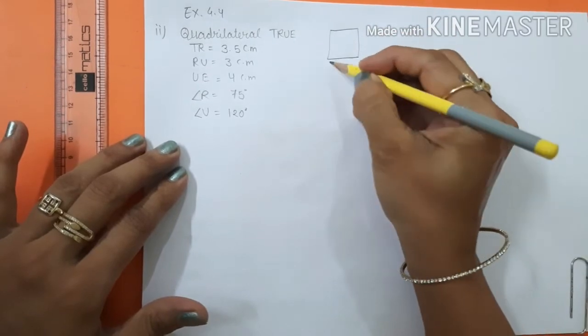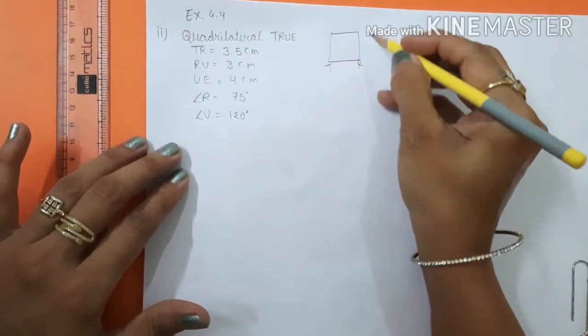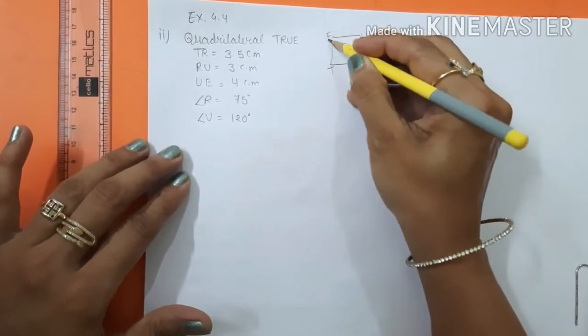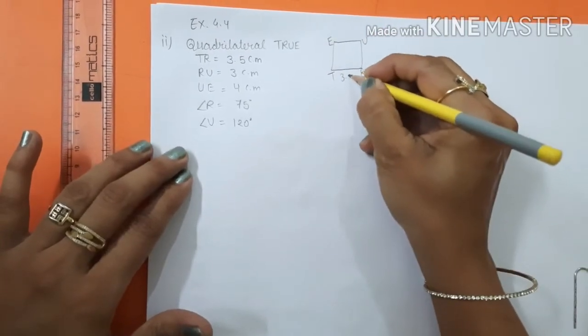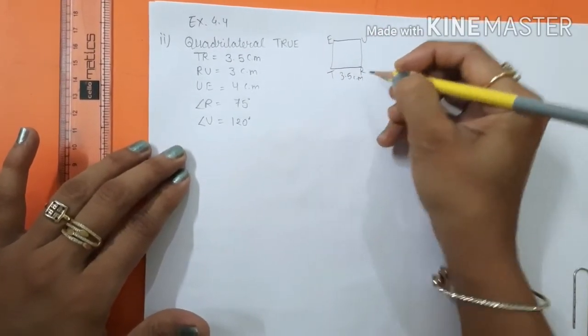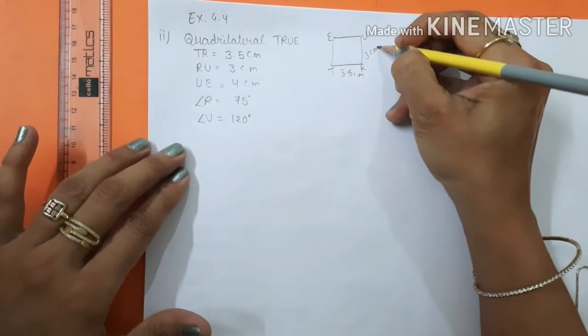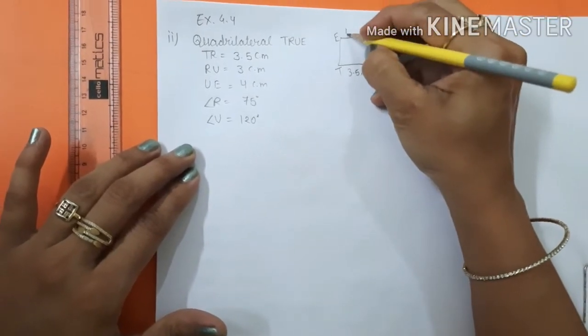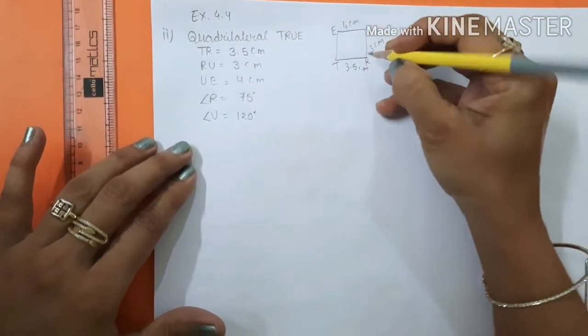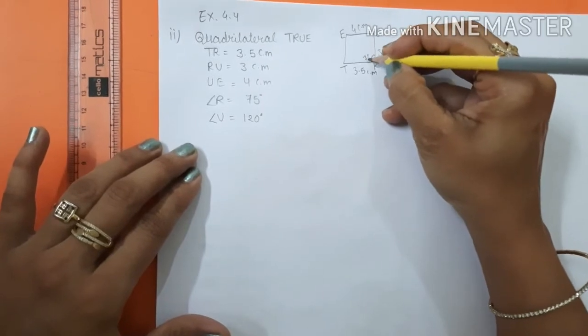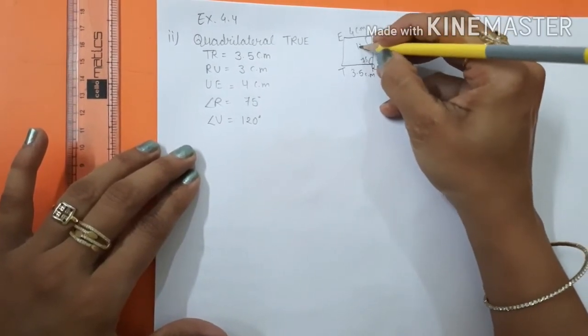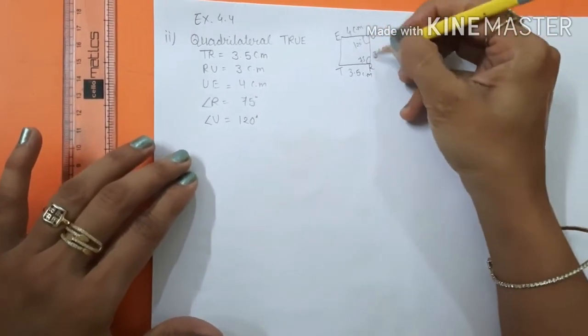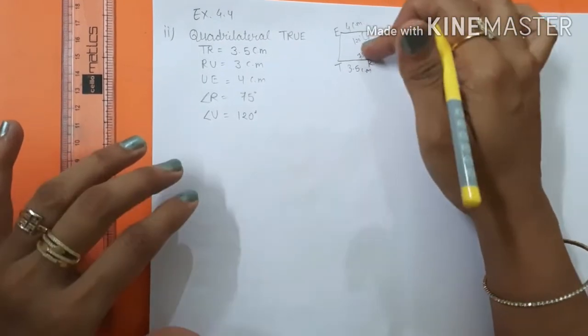This is the quadrilateral TRUE, where TR is 3.5, RU is 3, UE is 4, angle R is 75, angle U is 120 degrees. In this line segment, 2 angles are there. We'll take this line segment as a base.